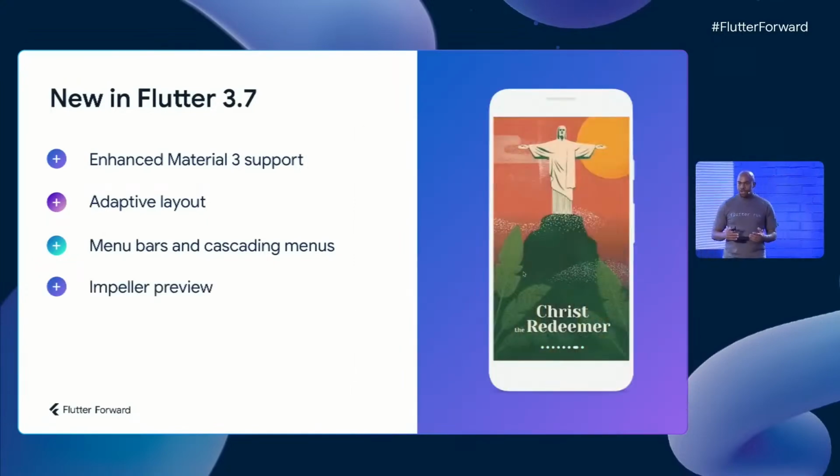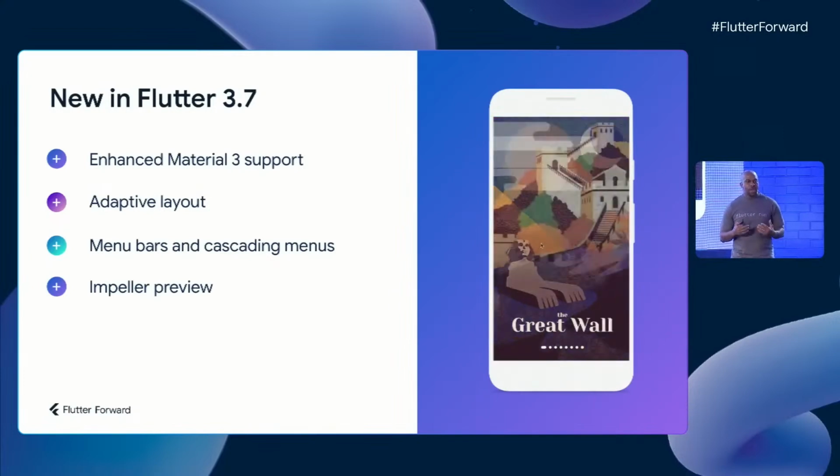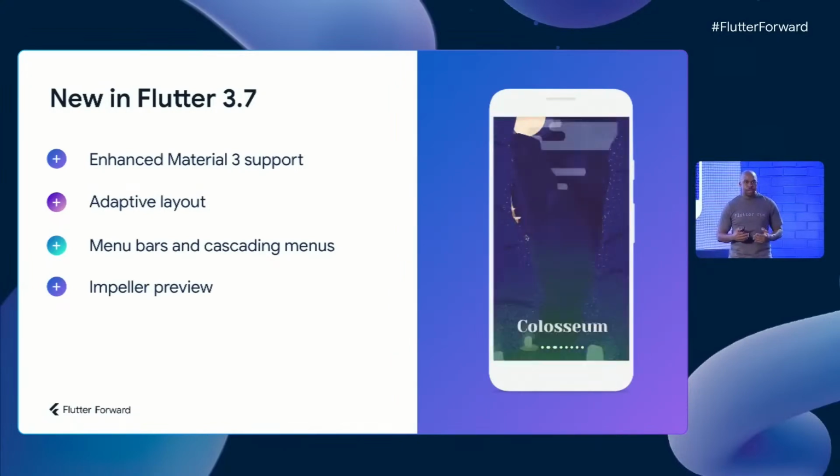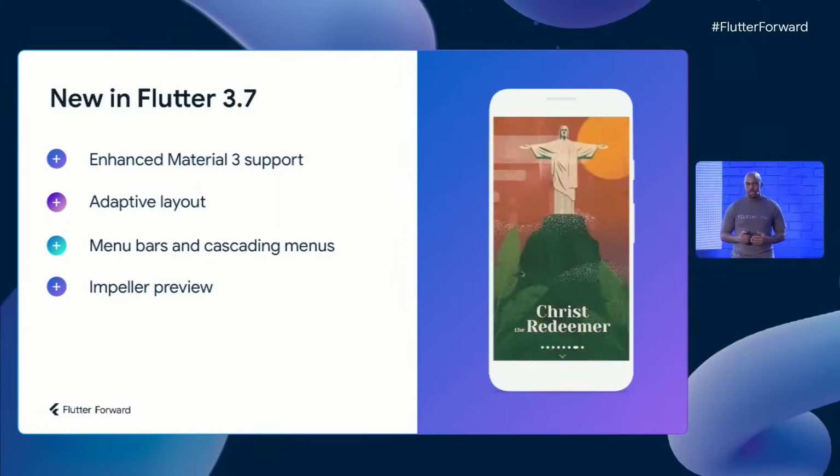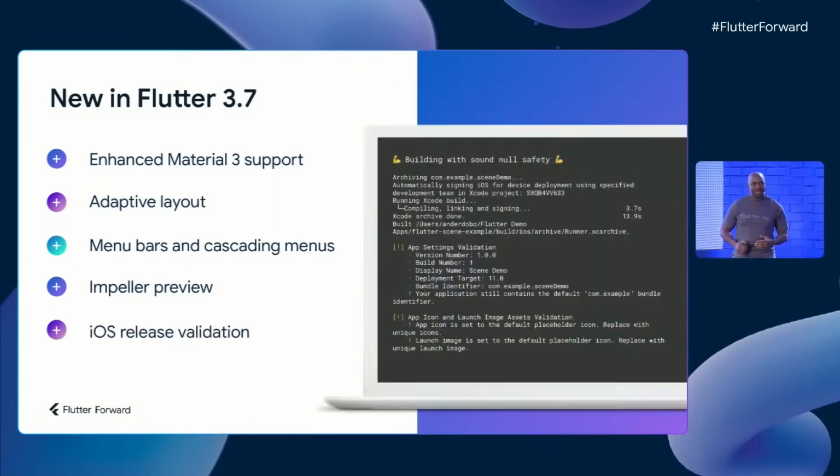We've made Impeller, which is the graphics rendering engine that we've been building, available now as a preview for you to use in iOS versions of your app. And to help you with the iOS app release process, the tool now validates some of the settings that you need to be configured before you actually submit to the App Store.